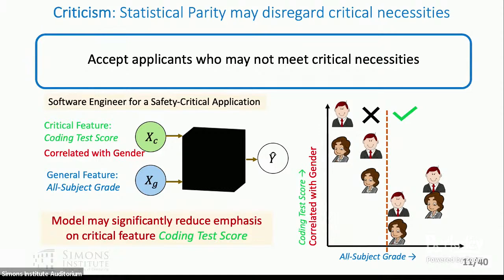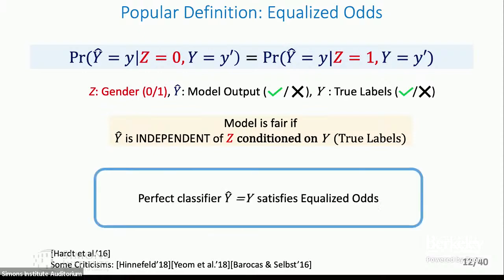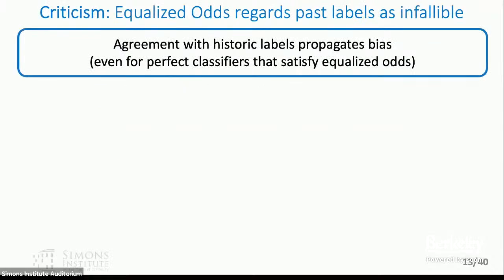To resolve some of these issues of statistical parity, another popular definition is equalized odds, which is that the output is independent of Z, conditioned on the true labels Y. And a perfect classifier would always satisfy equalized odds. But there are also some criticisms centered around equalized odds, which say that agreement with these historic labels can sometimes propagate biases that are already hidden in these labels.